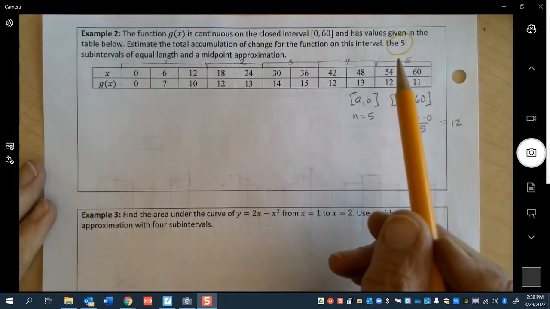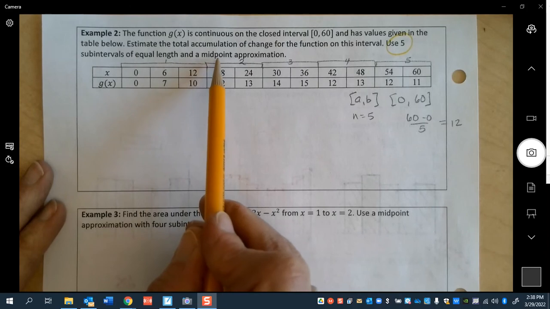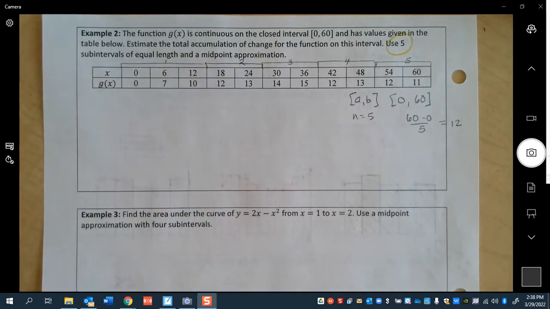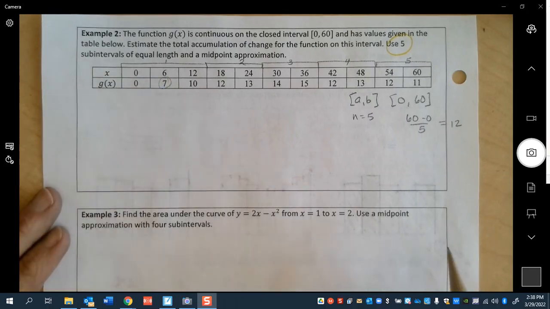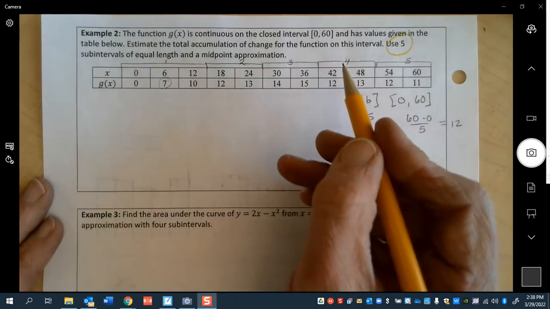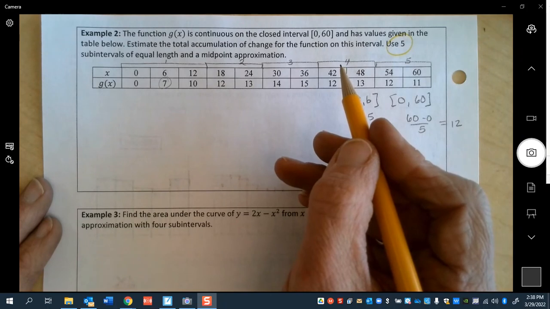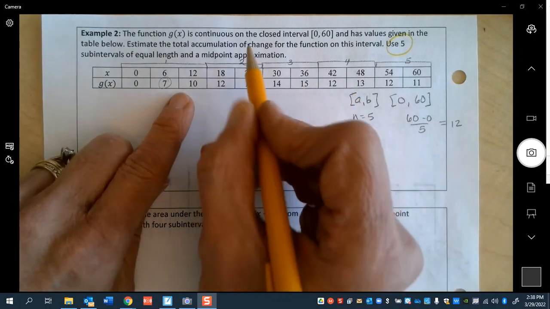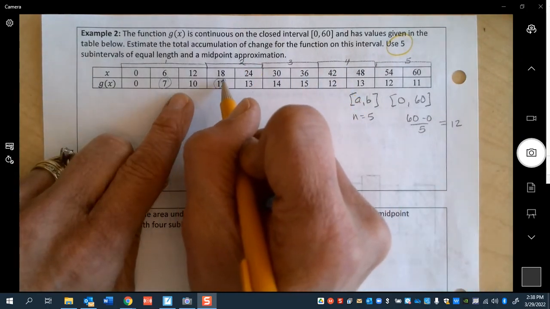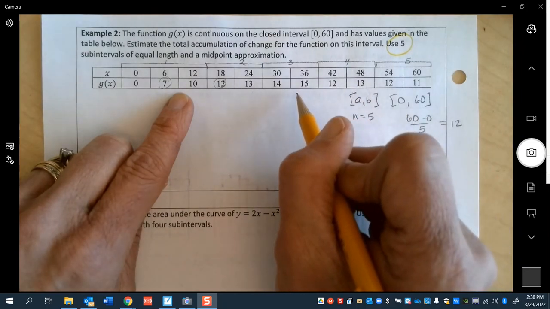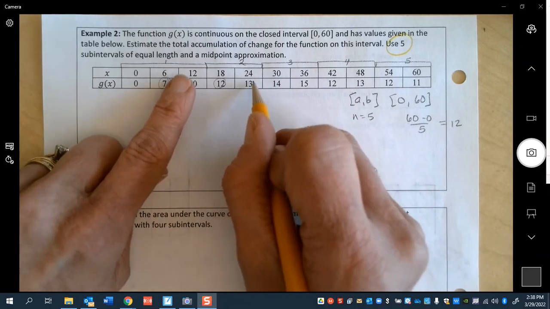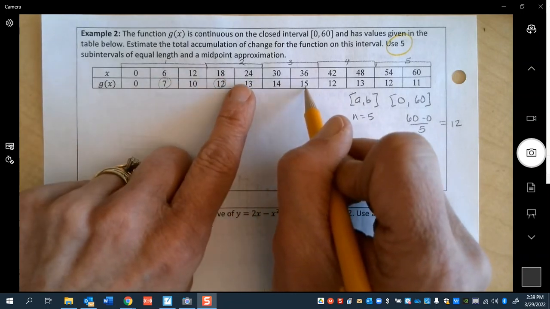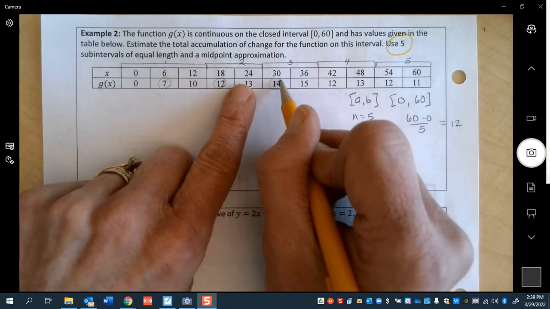So when this says a midpoint approximation, what we're going to do is look at this value here as my midpoint, right? So between 12 and 24, this is my midpoint. Between 24 and 36, here's my midpoint.